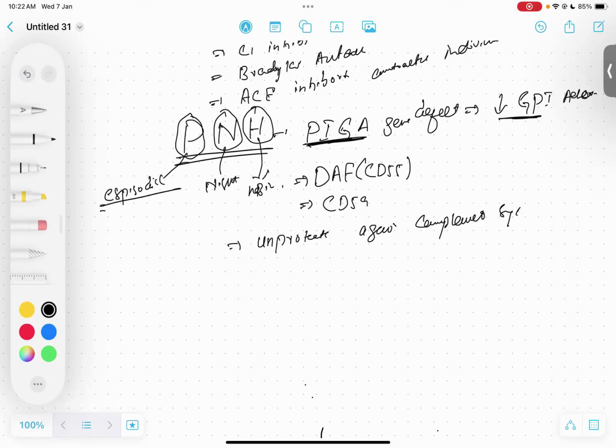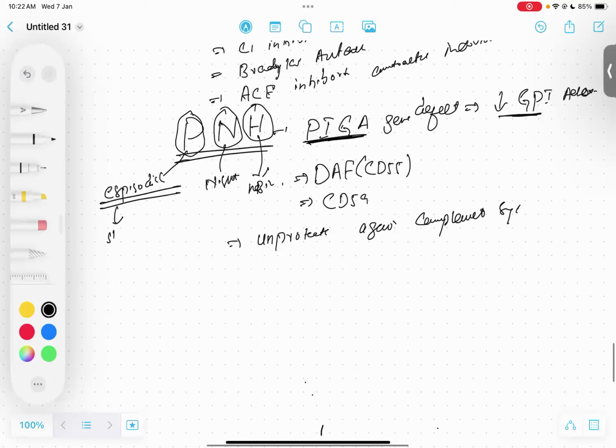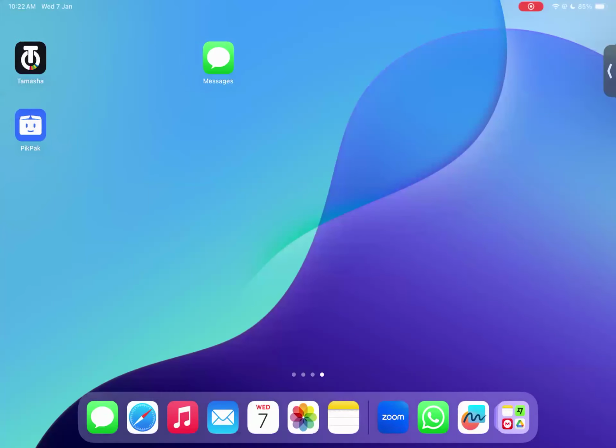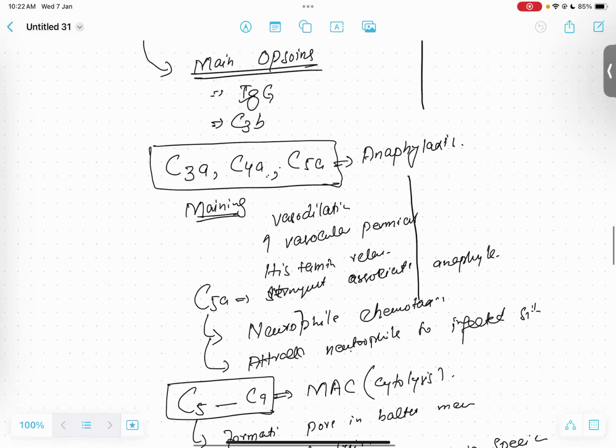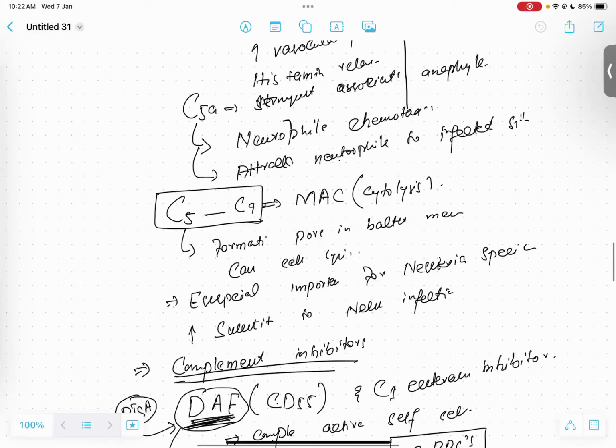So actually, in night time when a person is usually sleeping, he has slow breathing. This slow breathing will increase the carbon dioxide retention in the lungs.